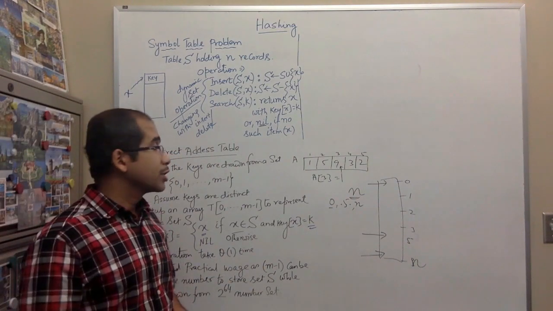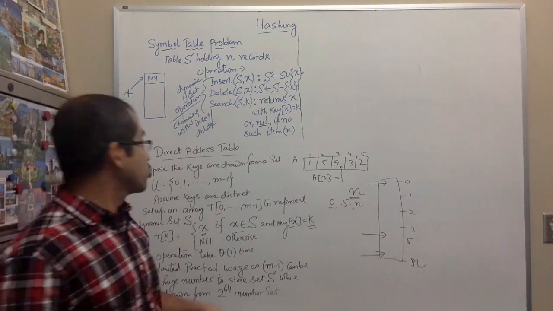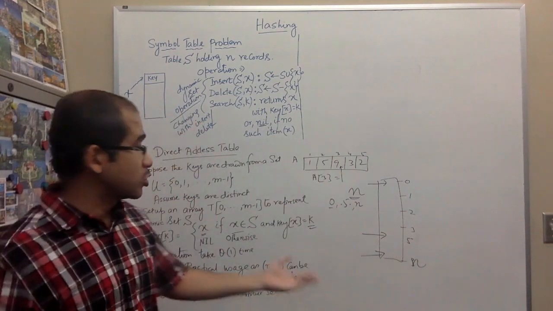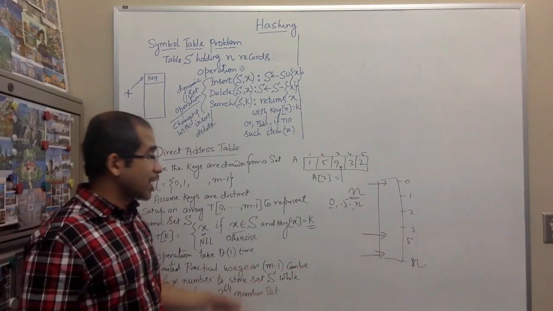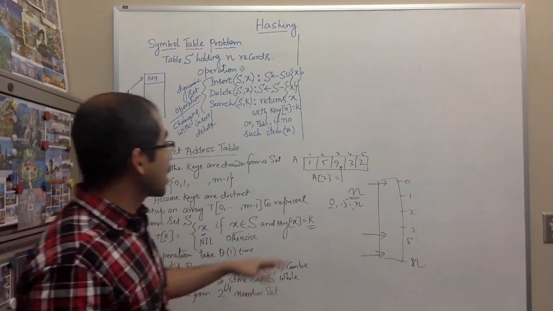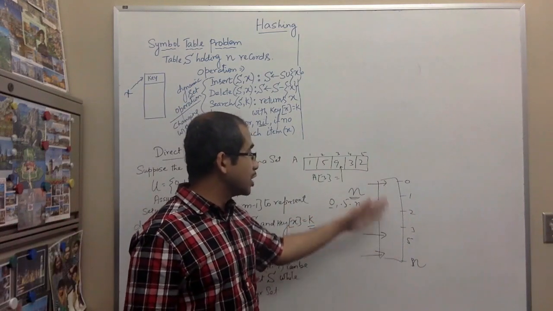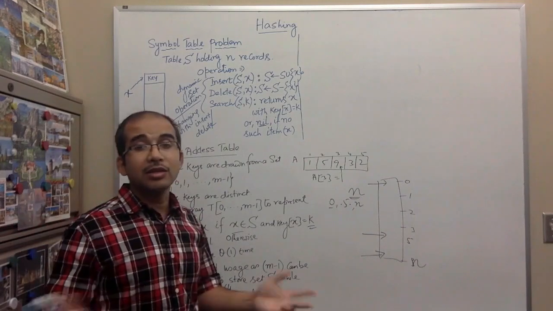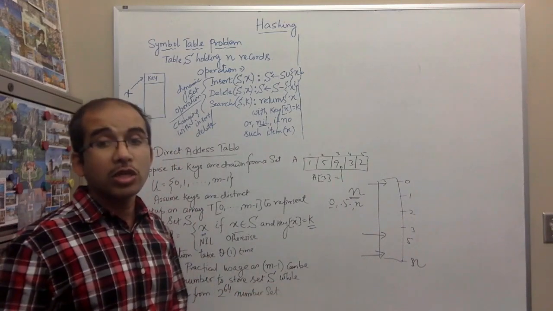Moreover, it is possible that the universe is so large that you create a table of maybe 2 to the power 64 elements or something like that, but the actual number of keys you are storing in the table is very small. So you are wasting the remaining space which you are not using.